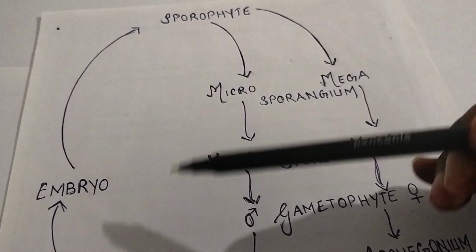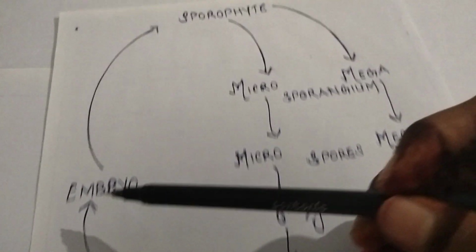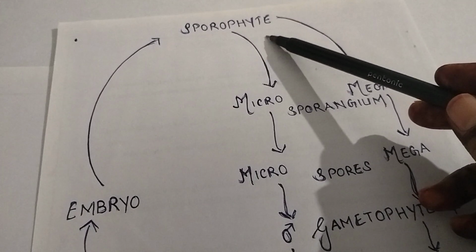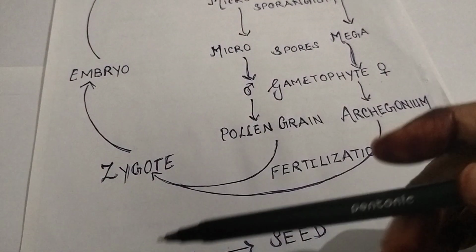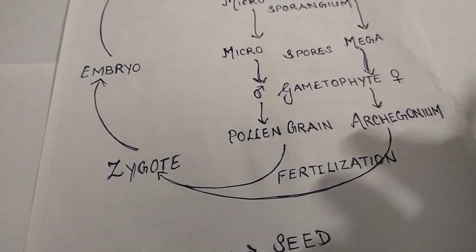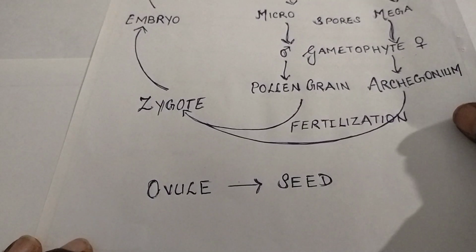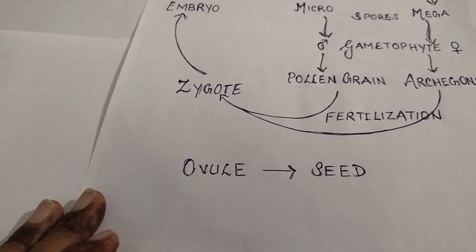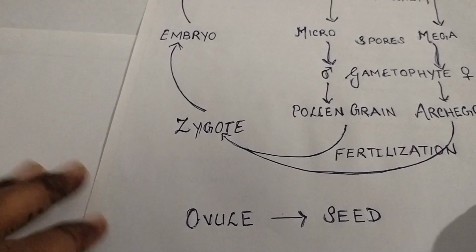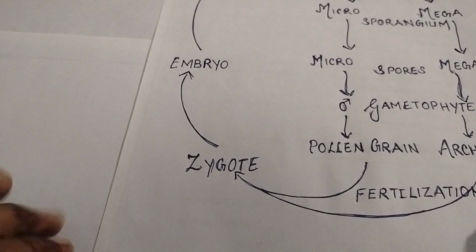The dominant phase of the life cycle is diploid, that is the sporophyte. The zygote develops to form an embryo, the embryo develops to form a sporophyte, and ovules develop to form seeds. Here a new character has started, seed formation has taken place. So this was all about gymnosperms.